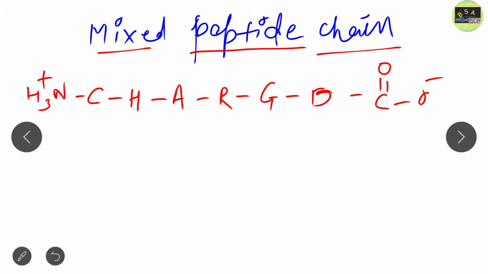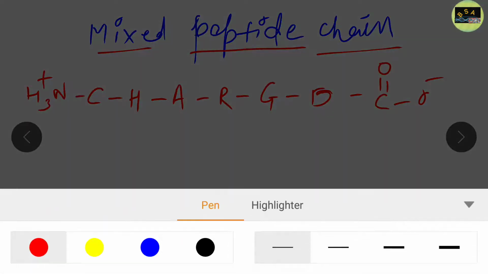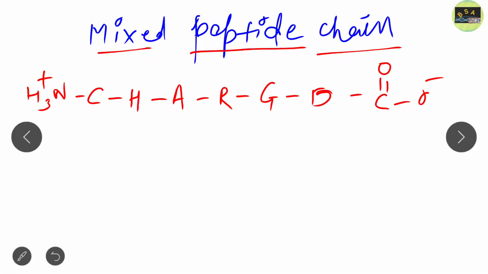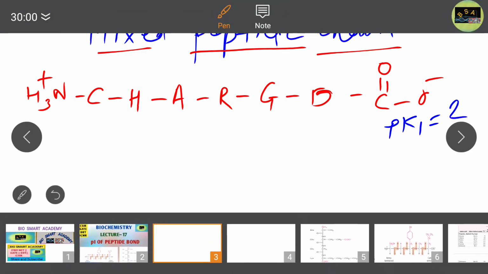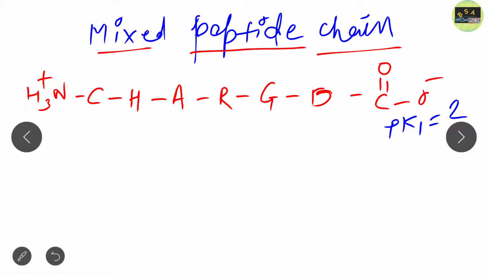So in case of a mixed peptide chain, you can find out that there are ionizable groups present. Arginine is present, glutamic acid is present, along with the cysteine, histidine, all this. So its pK value is what? This is pK1, we all know its value we take as 2, and its pK2 value we take as 9. Clear?